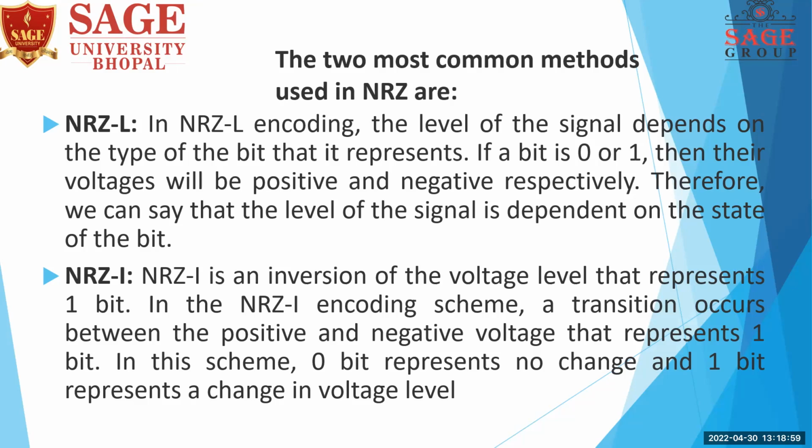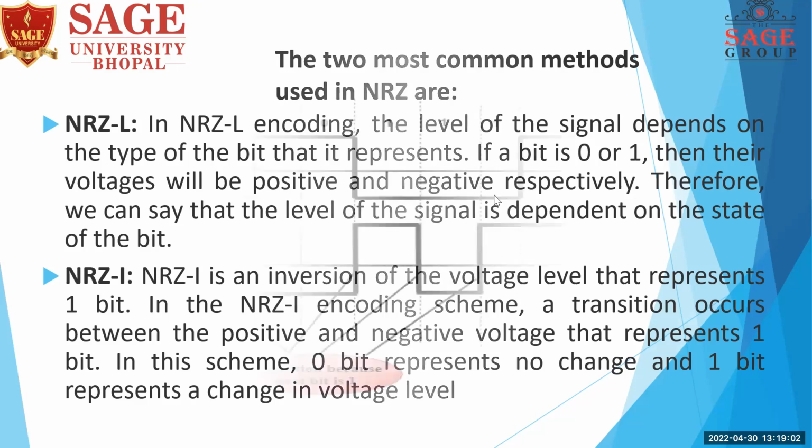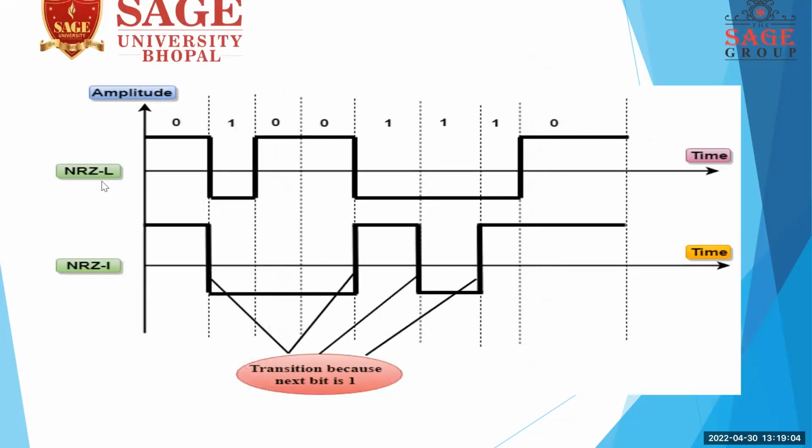So we look at the signal so that we can easily understand how the signal flows in NRZ-L and NRZ-I. NRZ-L says that 0 is represented by high level and 1 is represented by low level.